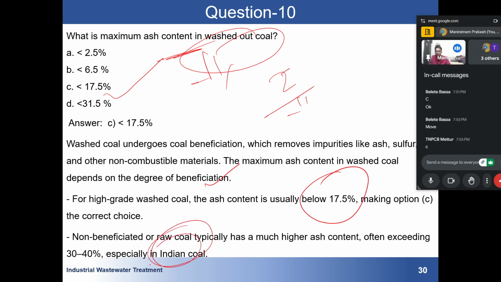Once coal is washed, most of the impurities have been removed, around 50%. So that's why the ash content also decreased to less than 17.5%.